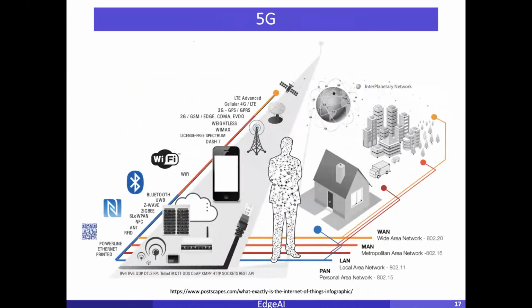And one thing that I wanted to let you know was how 5G is going to change the landscape of edge AI. Till now, we have already seen the amount of speed that we are getting with 4G compared to 2G, right? A decade back, we had 2G.